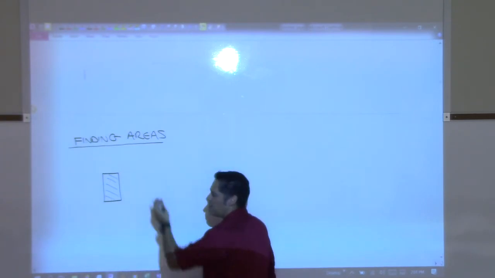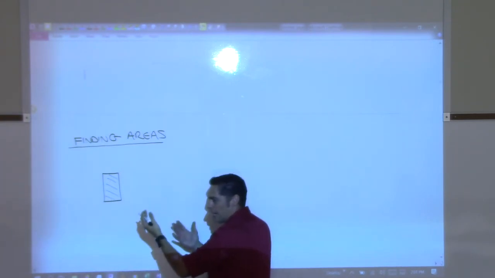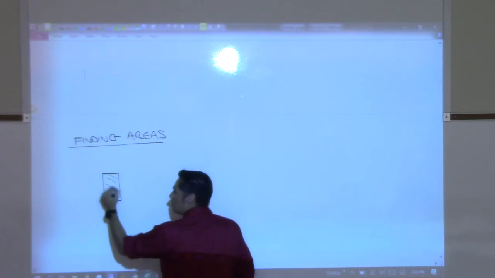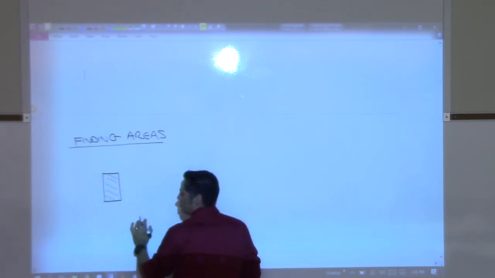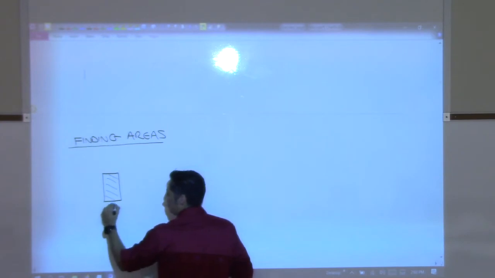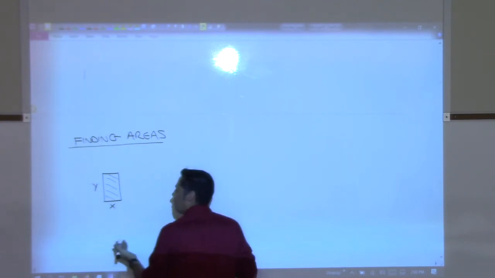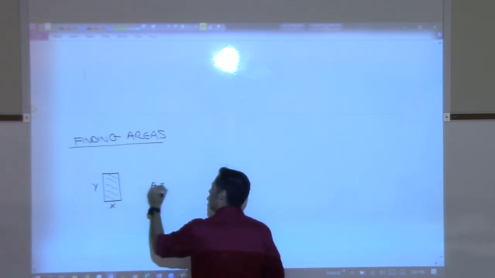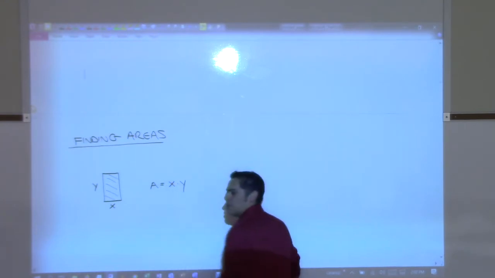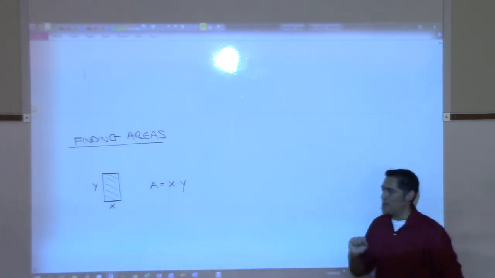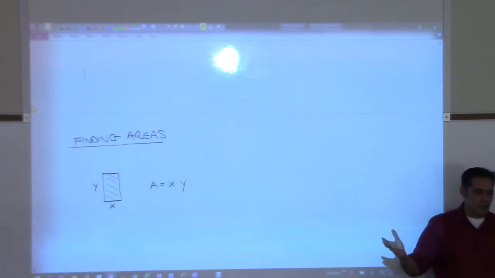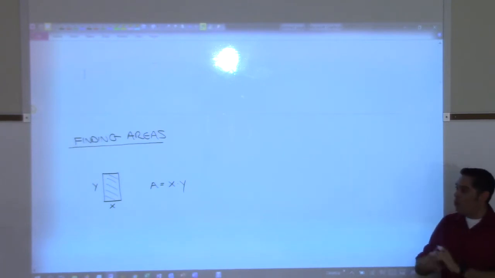I could put a square up here, but a rectangle's a little more advanced, right? We said if you want to know how much stuff is in that geometric two-dimensional shape, then if you give me two sides, let's call this x and that y, the area we all agree is x times y. Just multiply the lengths of the two sides and that will give you your area. So we are going to take that as the one thing we do know.